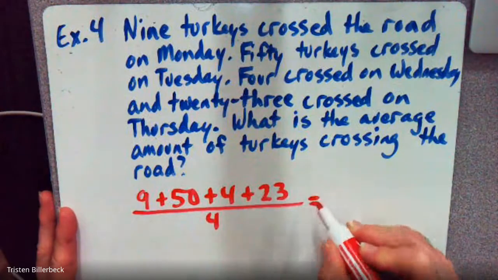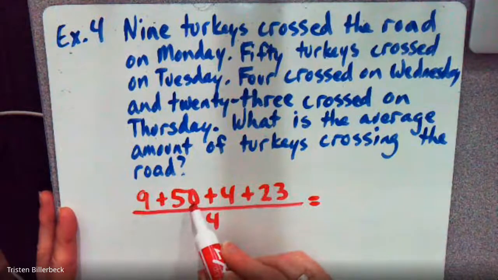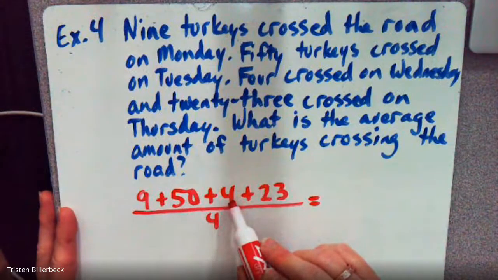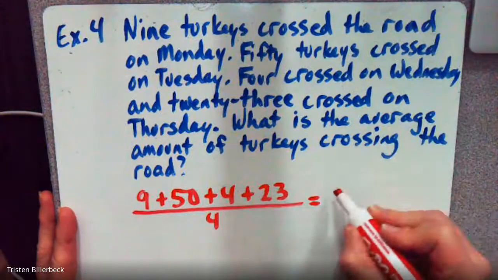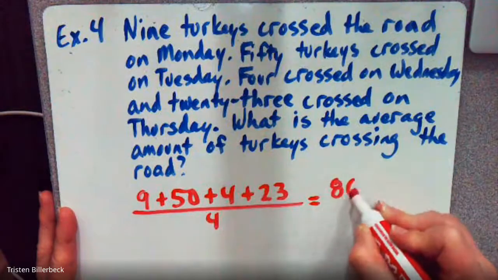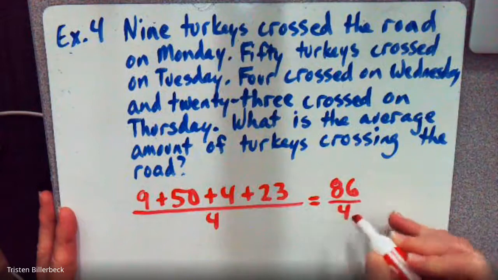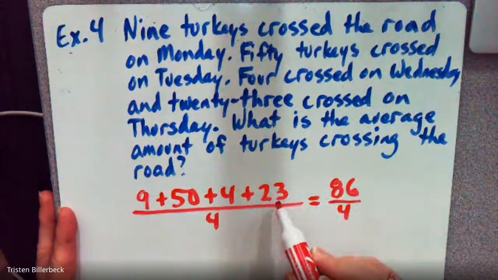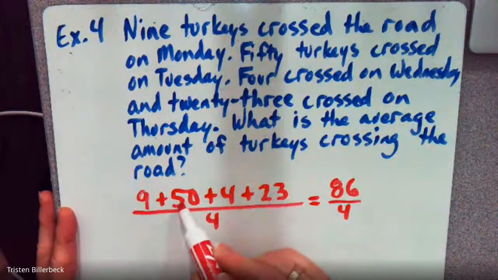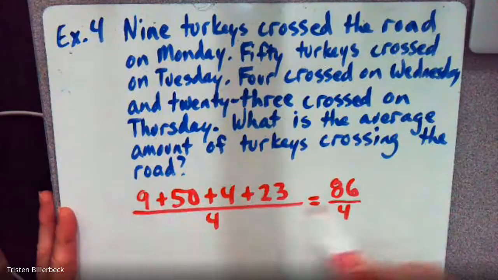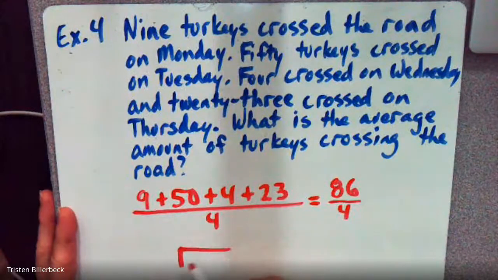So when we add that up, we have 9 plus 50 is 59. 59 plus 4 is 63. 63 plus 23 is 86. Divided by 4. Now if we wanted to check our numbers, we could add this way. So 4 plus 23 is 27, plus 50 is 77, plus 9 is 86. All right, so that's one way to check your work.